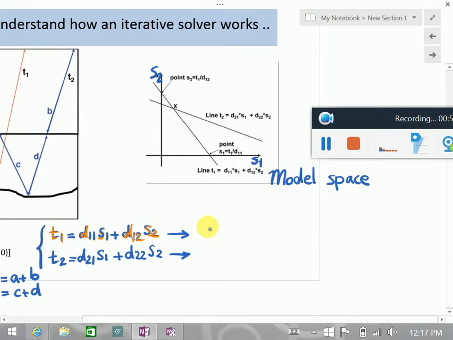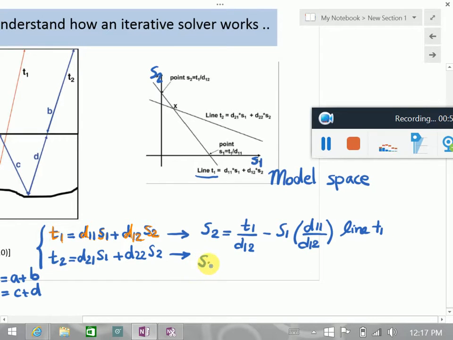S2 equals T1 over D12 minus S1 times D11 over D12. This is the first line. It is called line T1. And then we have the other one.